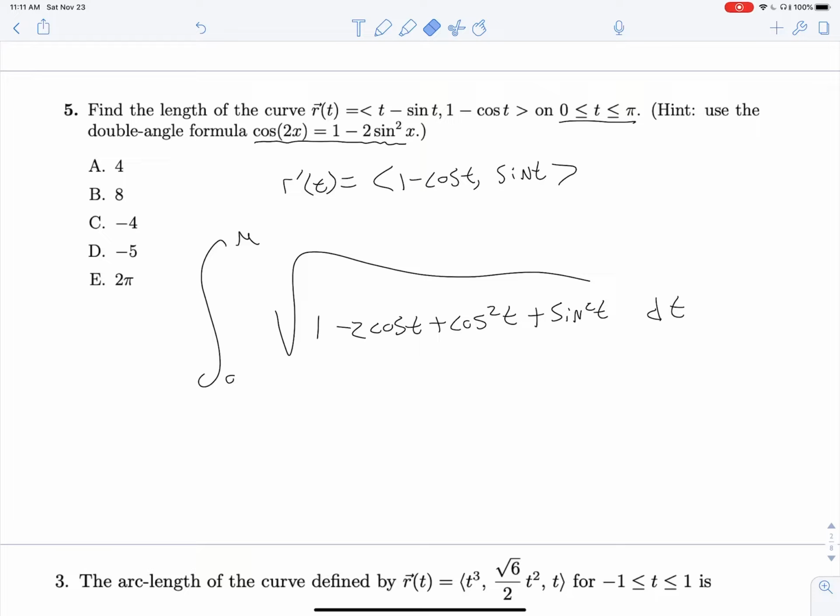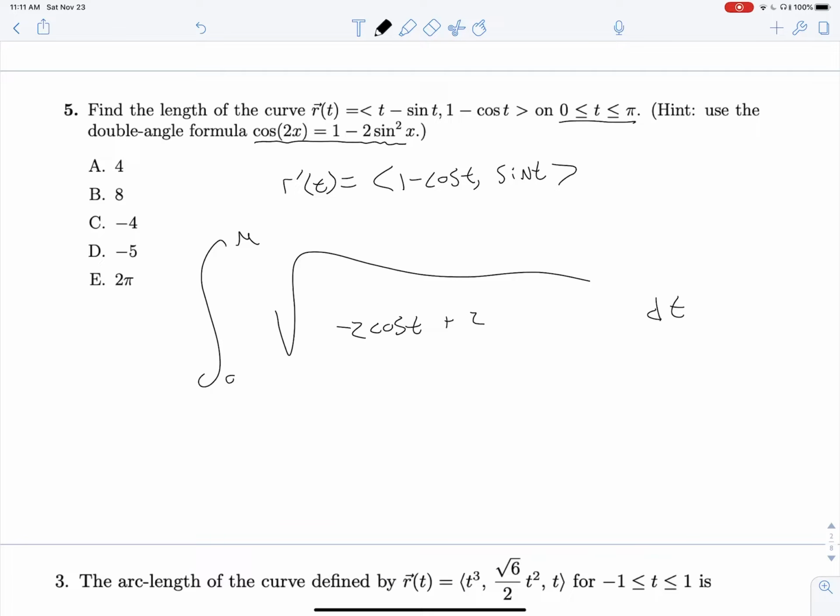Well, we can simplify this down right off the bat. Cosine squared t plus sine squared t is going to be 1. We can combine our 1's and get a 2. But now what do we do? We've got a negative 2 cosine t under a square root, which looks pretty bad.